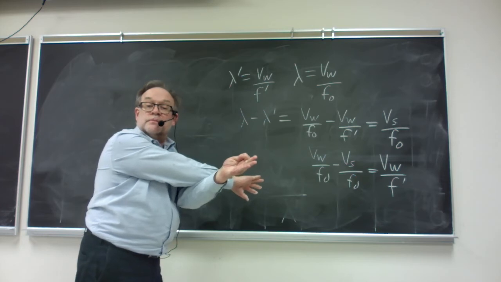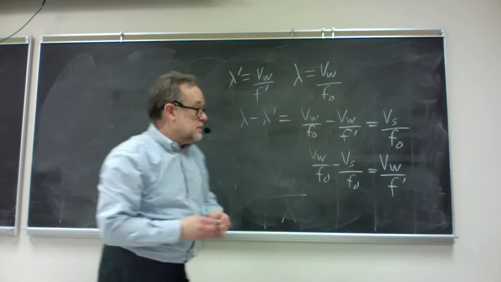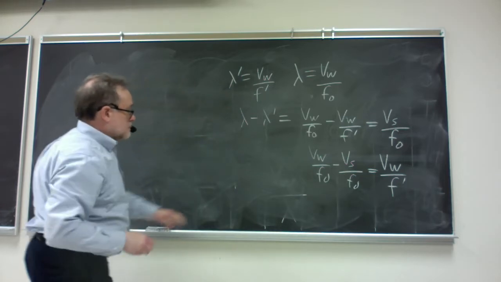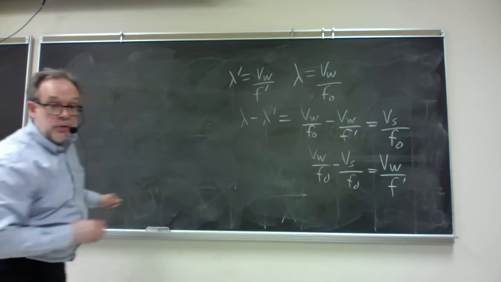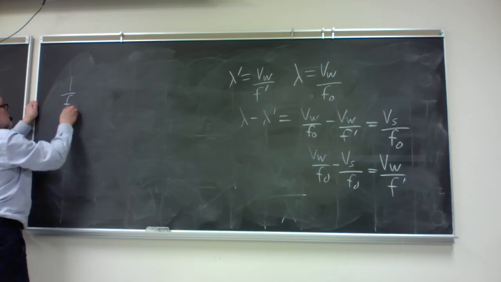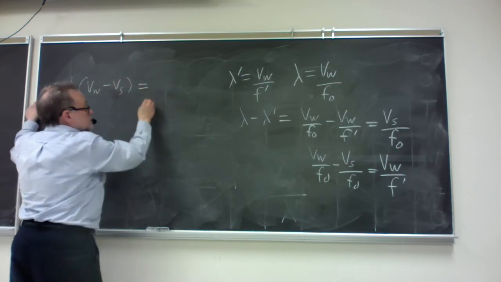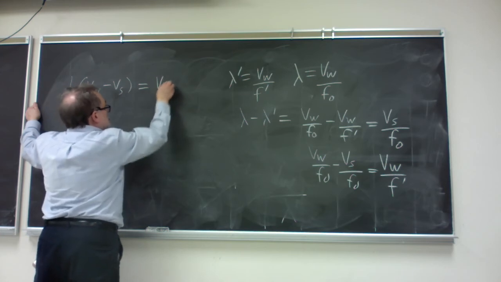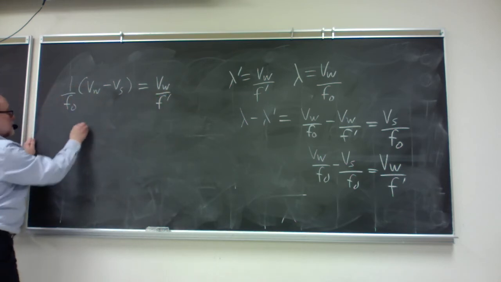Invert the whole equation. The inverse of the left-hand side will equal the inverse of the right-hand side. You can make the left-hand side a little simpler by factoring out a factor of 1 over f0. So we have that. Now invert the whole equation.